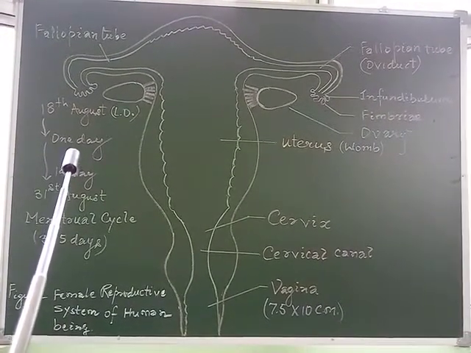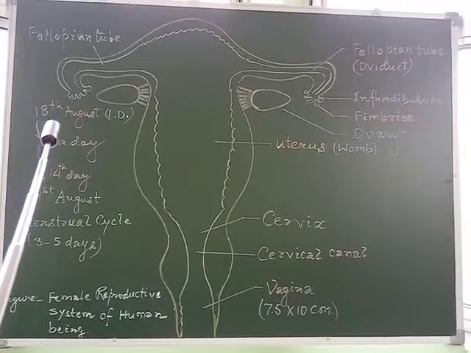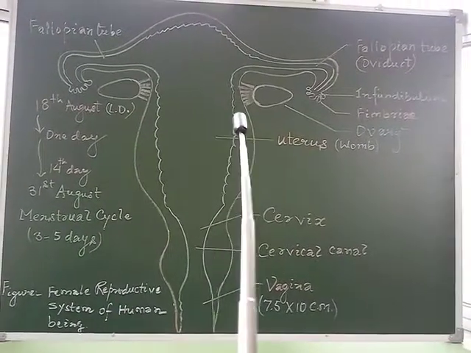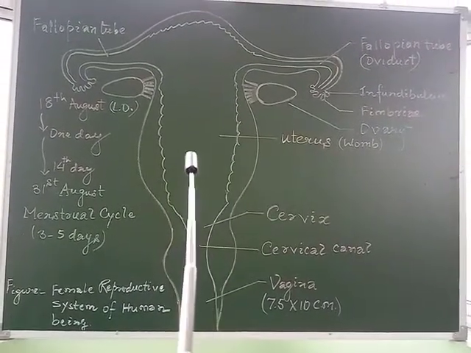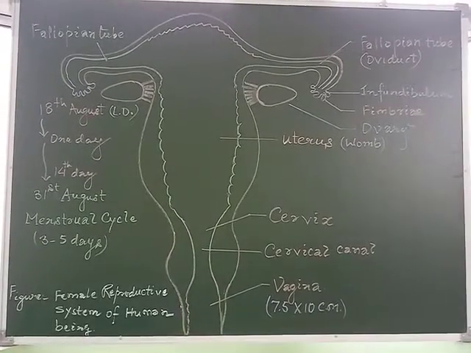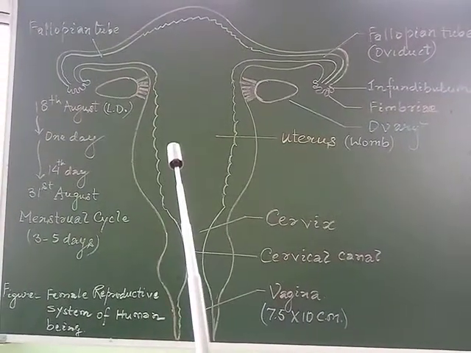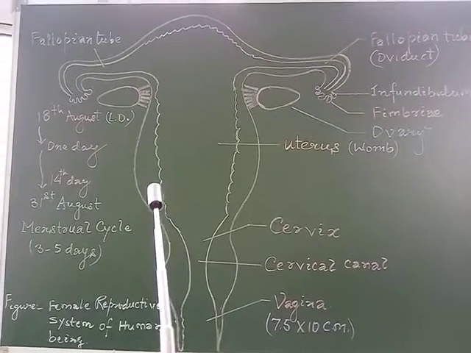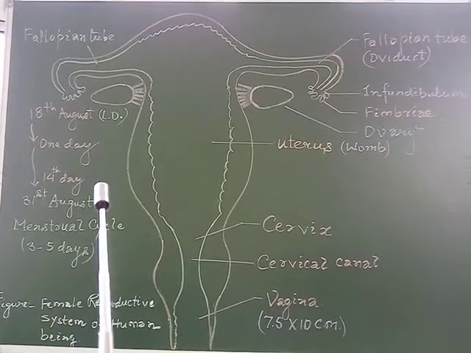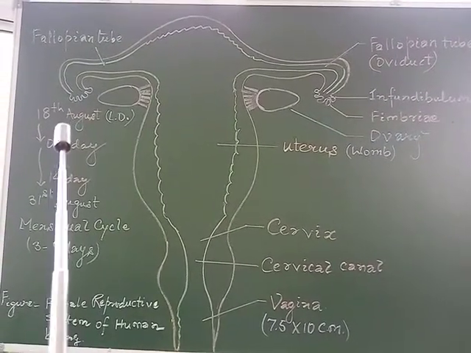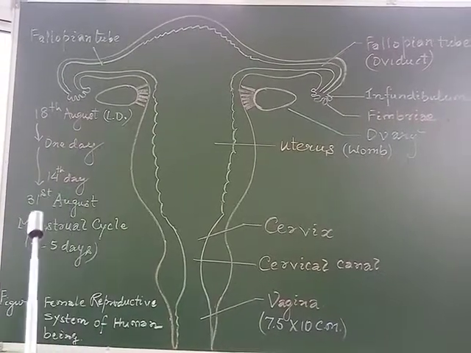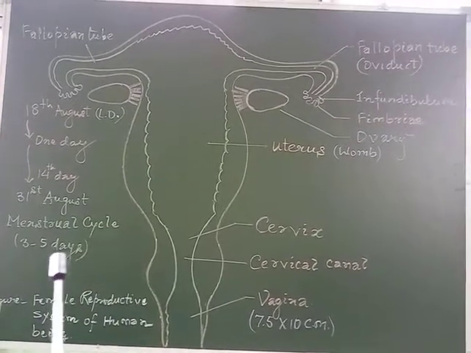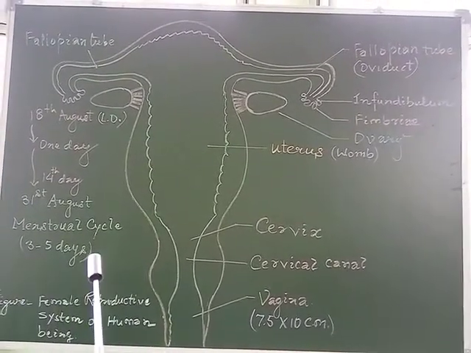If it doesn't take place, the ovum will start disintegrating along with the developed vascularized uterine wall that is full of blood vessels. Around the 14th day from this date, about 31st of August, the menstrual cycle will start, which will continue for about 3 to 5 days.